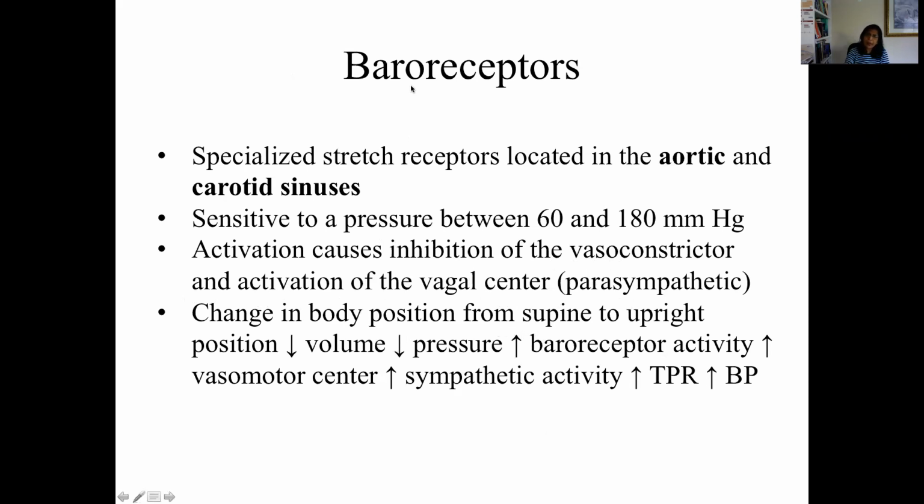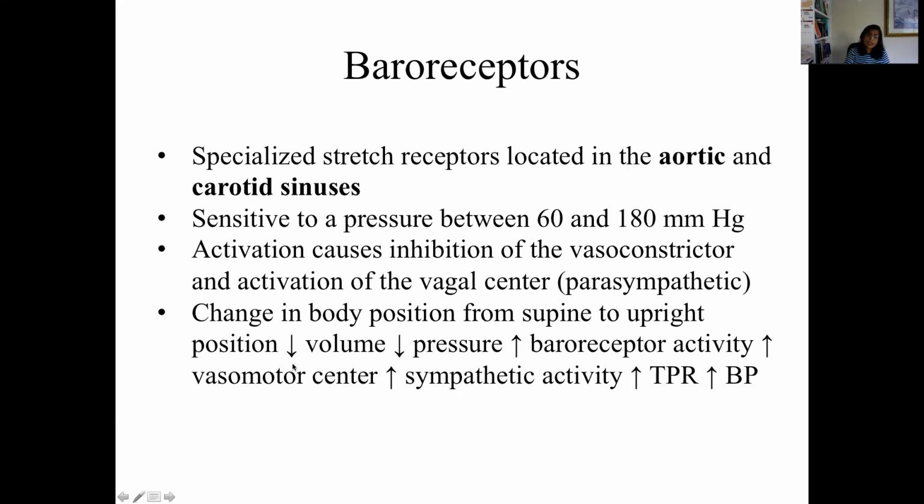And another example of baroreceptor activity is when you change your position from the lying down position, supine position, to upright position. What happens is blood rushes into the legs, vessels in the legs, and the gravity keeps it down.